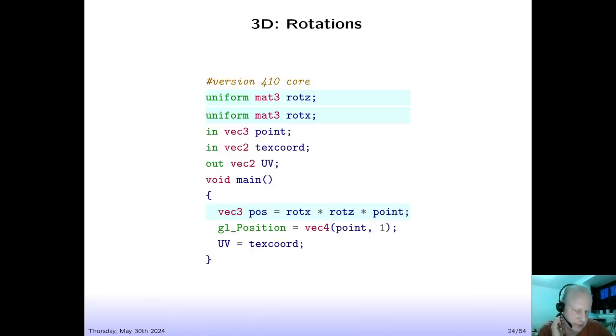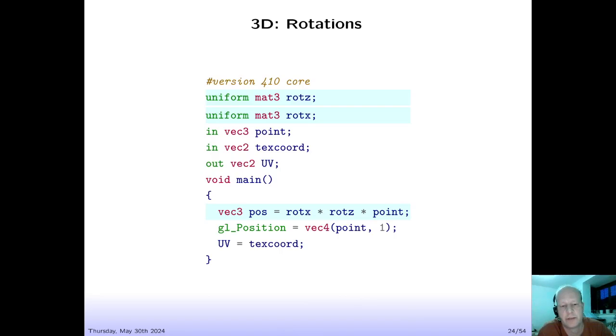So this was all two-dimensional. In order to do three-dimensional rendering, we can use rotation matrices to change the orientation of the rectangle. So here we have two uniform rotation matrices. Uniform means they stay the same for all shader invocations.